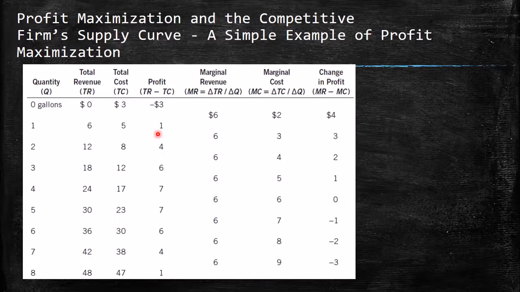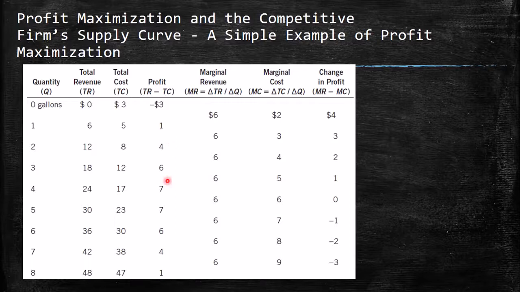So what information can we grasp from these three columns? First, the fixed cost here is $3 because when you don't produce any gallon of milk, you need to pay $3. So this is going to be your fixed cost. Here you have the negative profits, and here you have positive.